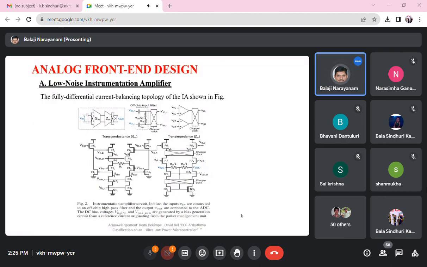You can see the current balancing topology of the instrumentation amplifier. You observe that various MOS transistors, both NMOS and PMOS, are being shown, so it is a CMOS kind of implementation.